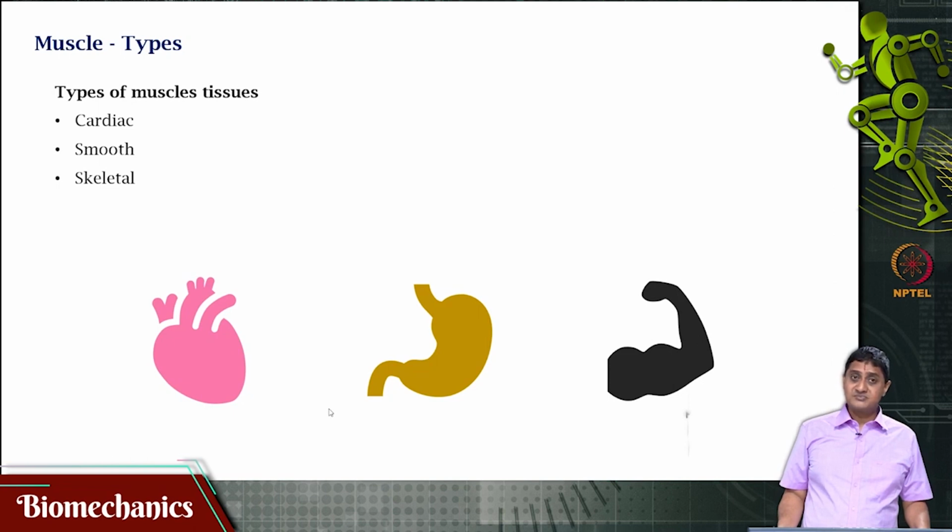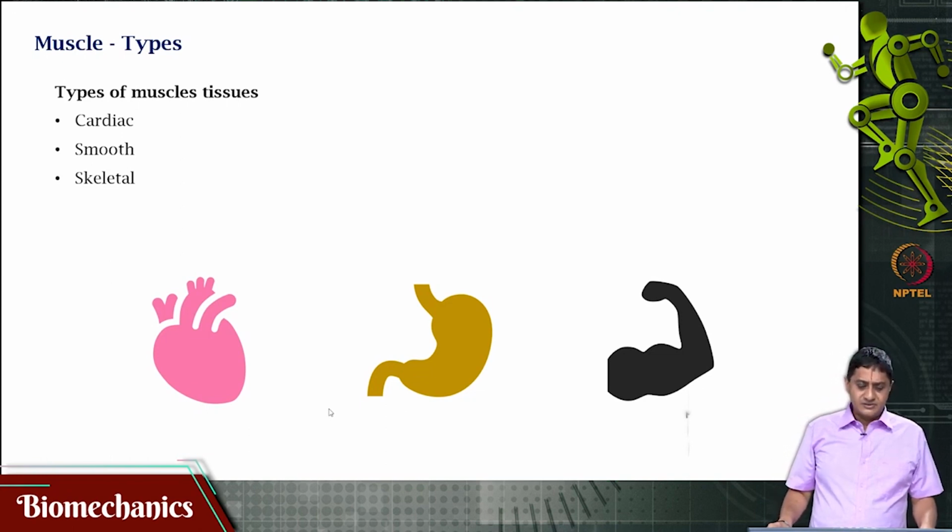Then smooth muscles. This is what is seen in the gut or in the digestive tract. Then you have the skeletal muscles. These are responsible for generation of movements, for example walking or talking or moving your hand, making gestures. These are all essentially done by skeletal muscles.